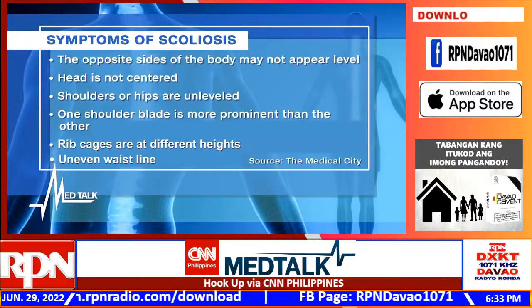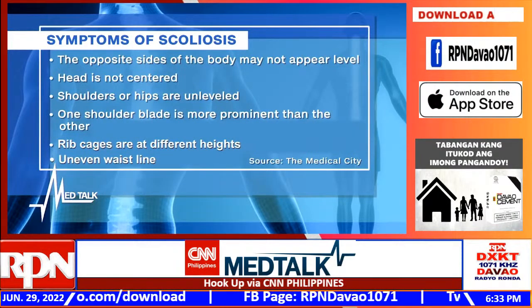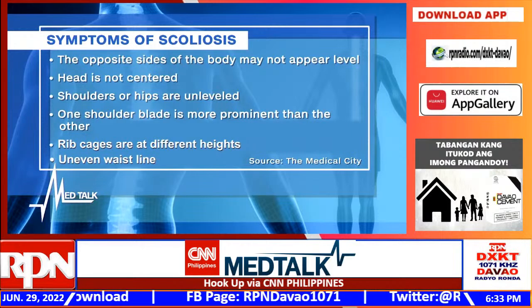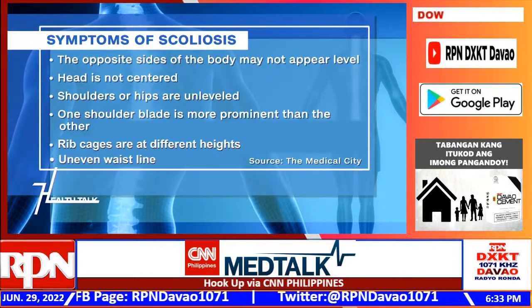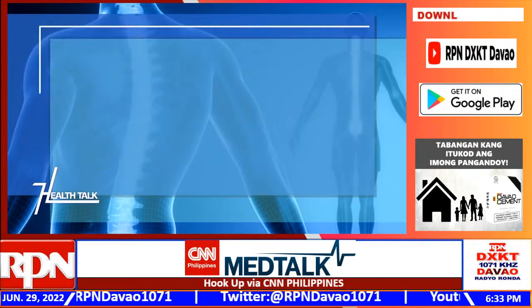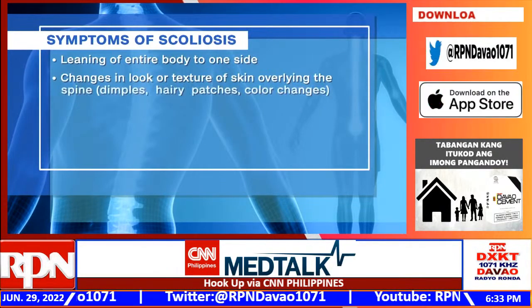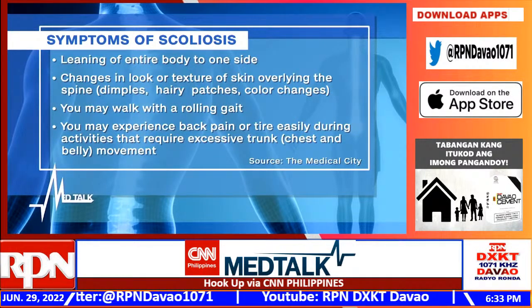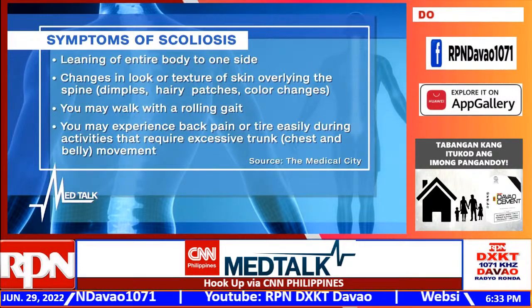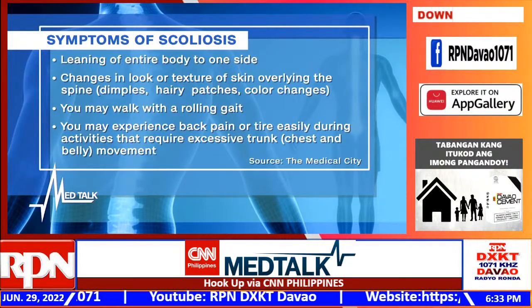You can only notice them with a kind of deformity like meron silang shoulder imbalance. Tapos pag pinatayo mo sila, yung arm trunk distance, yung sa may axilla, sa may kilikili, uneven yon. And then pagka pinag-bed mo sila, mas elevated yung isang rib area. So that's we call it rib hump.